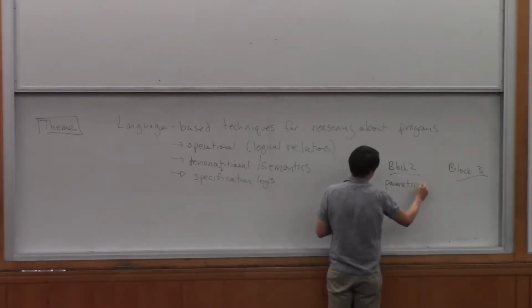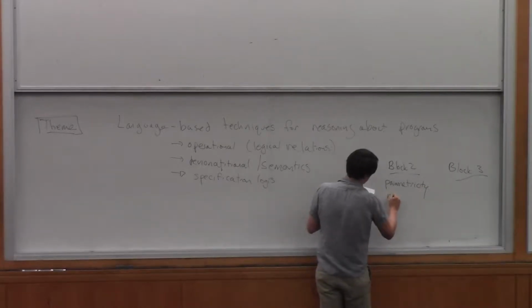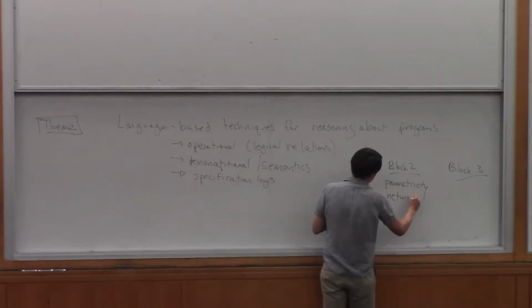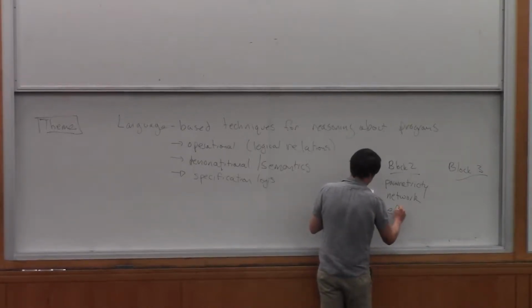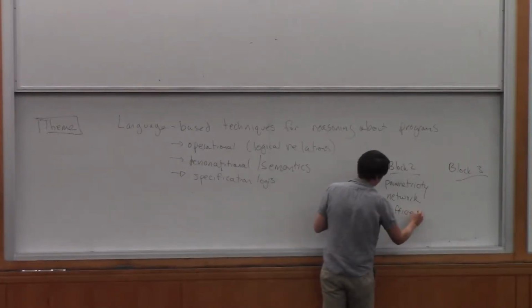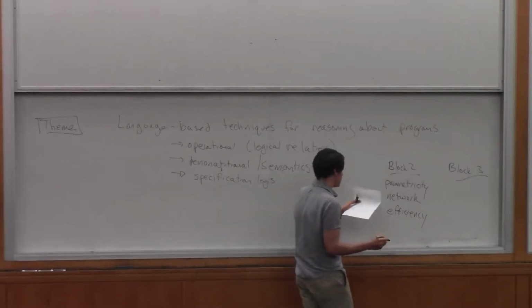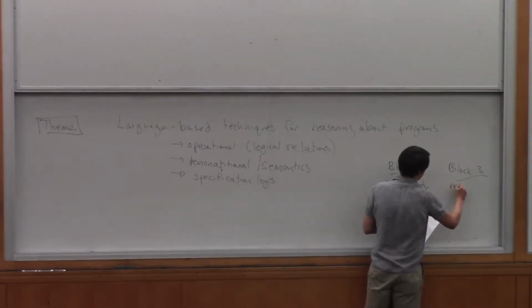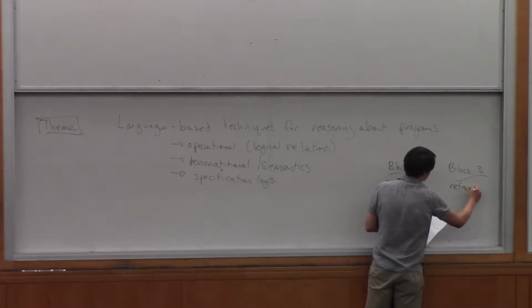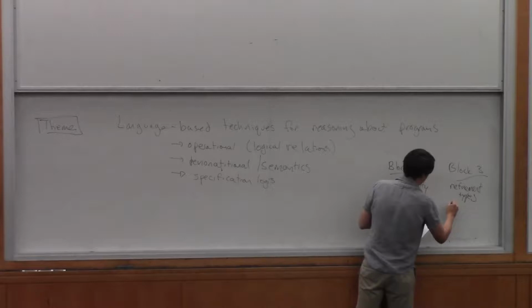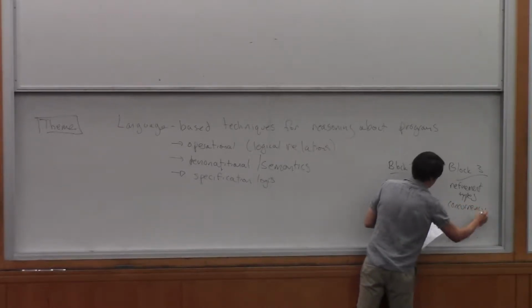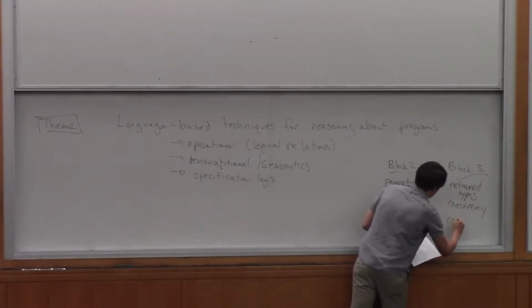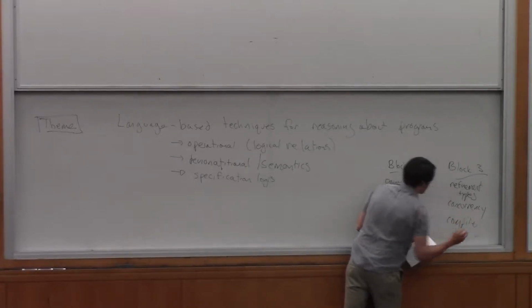We'll start that off tomorrow. And network programming. So Nate Foster is going to do a course on that. And efficiency, that is reasoning about how long programs take to run. And then in block 3, we'll see things on refinement types and concurrency and compiler verification. Bob alluded to that earlier.